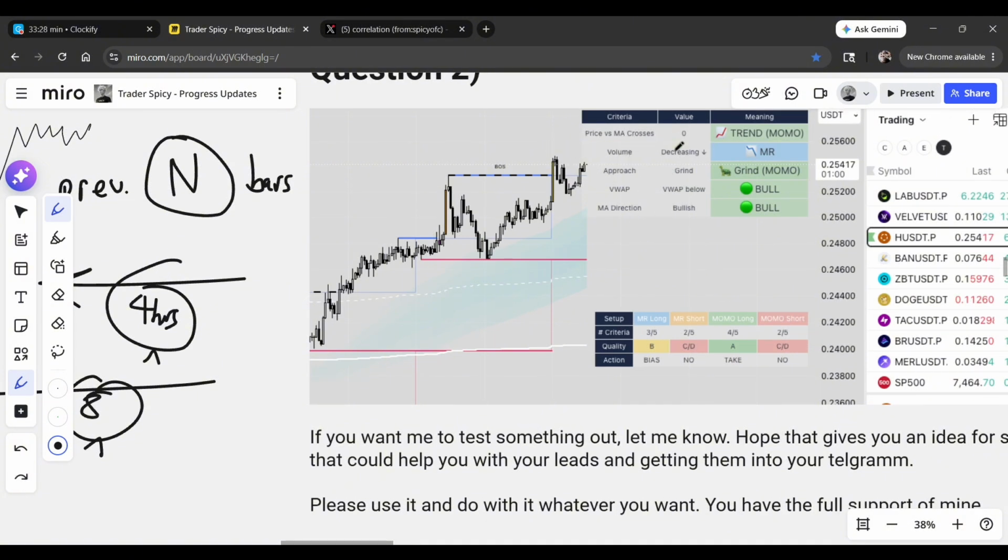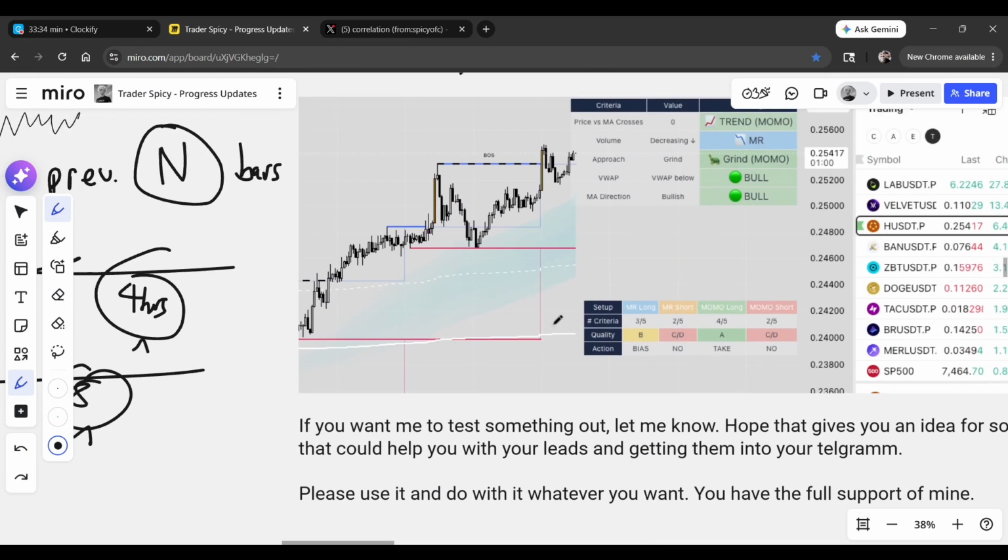The volume one, I'm assuming, is done by just looking at the custom volume indicator and whether the current color is red or green. Oh, sorry, red or blue, or whatever color you've set it. If it's blue, cool, it's increasing. If it's red, then it's decreasing. That's absolutely acceptable. It's a fine starting point.